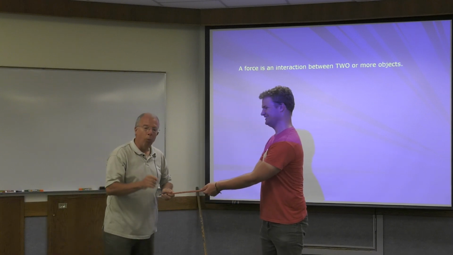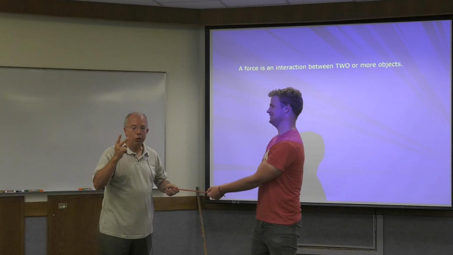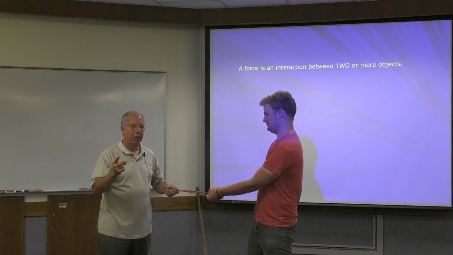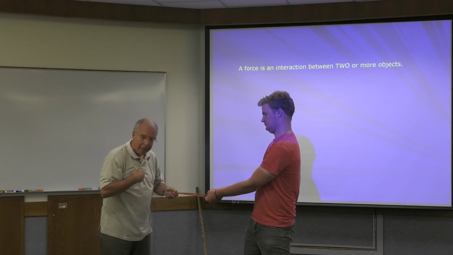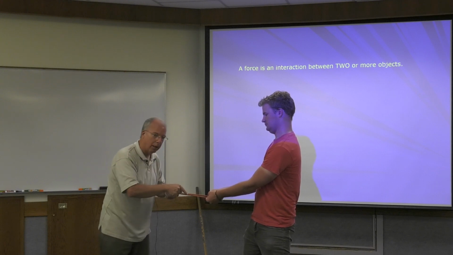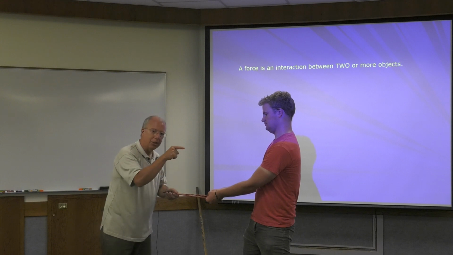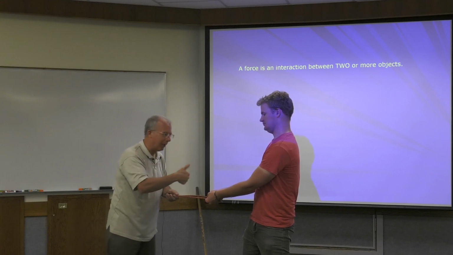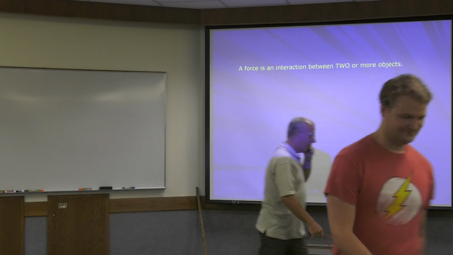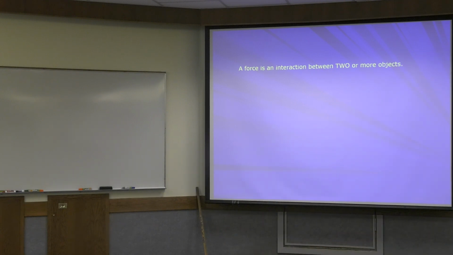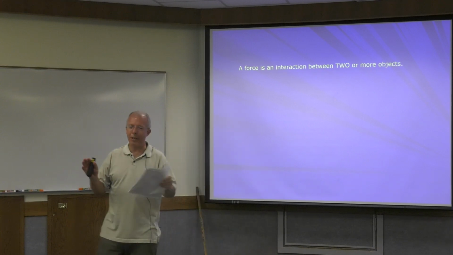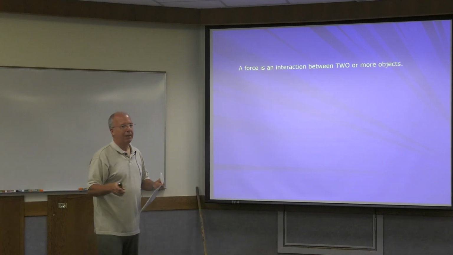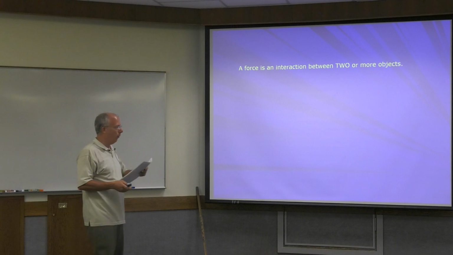Now, what are the two objects involved? Remember, Sully's the object. What's the other object? It's not me. It's the bungee cord. Because the bungee cord is interacting with Sully, the other object. It's kind of a big deal to identify the objects. I mean, that's crucial when you start drawing force diagrams.